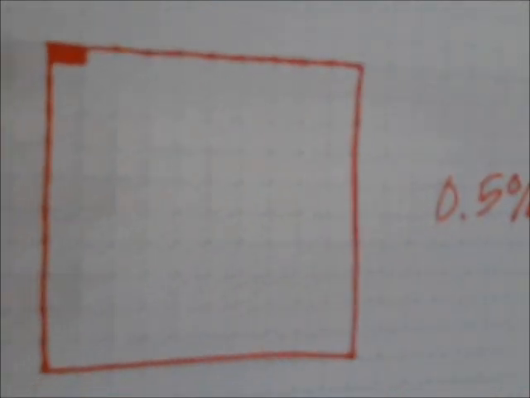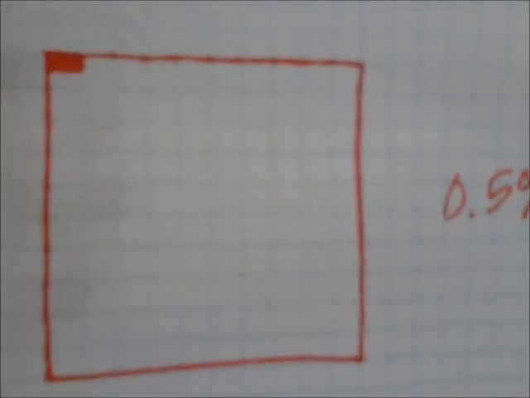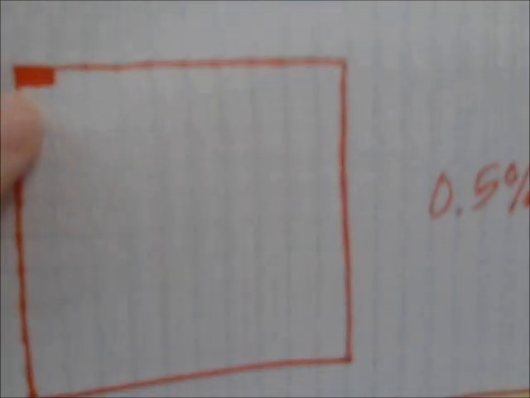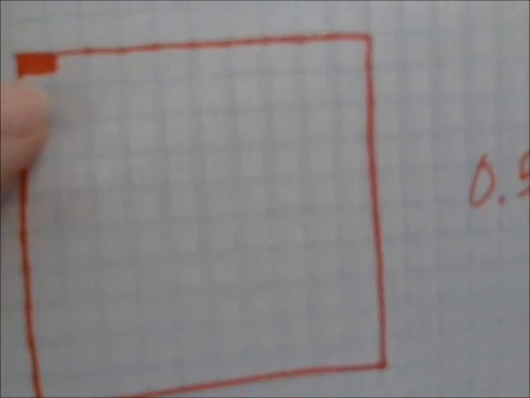A small percent would be described, as you can see here, as 0.5%. That's a very small percent. In this square with 100 squares, 0.5% would be represented by filling in half of one square. But a really large percent, you would have to color in the whole thing.